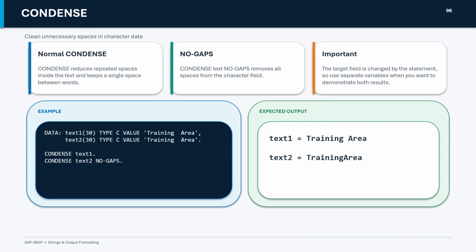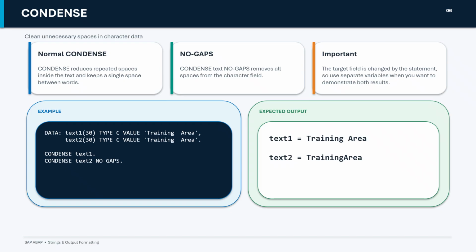If you print using the write statement, test 1 shows without extra spaces, and test 2 with no gaps, and that's why it shows the no gap one. The unnecessary spaces are removed like this.